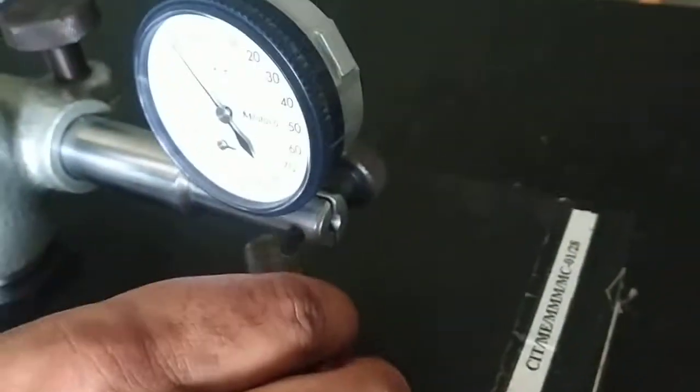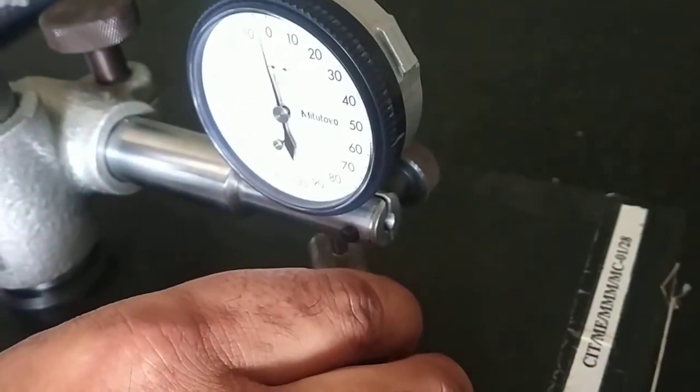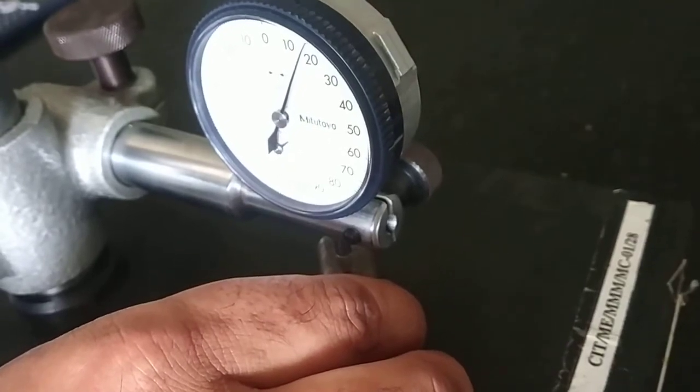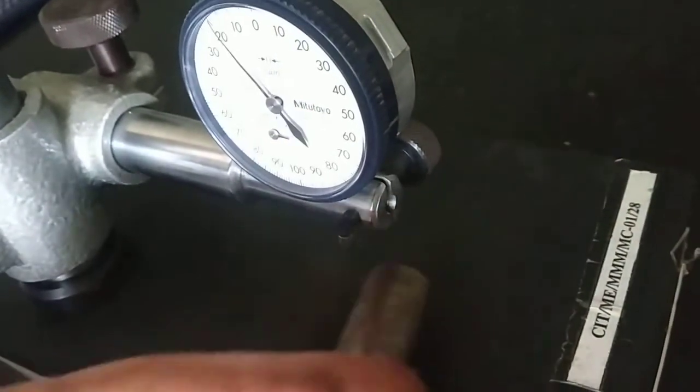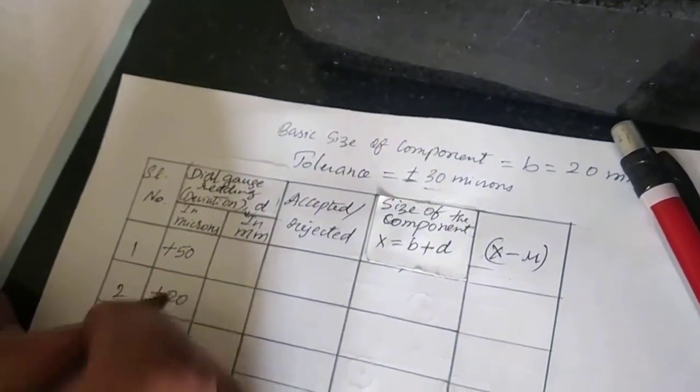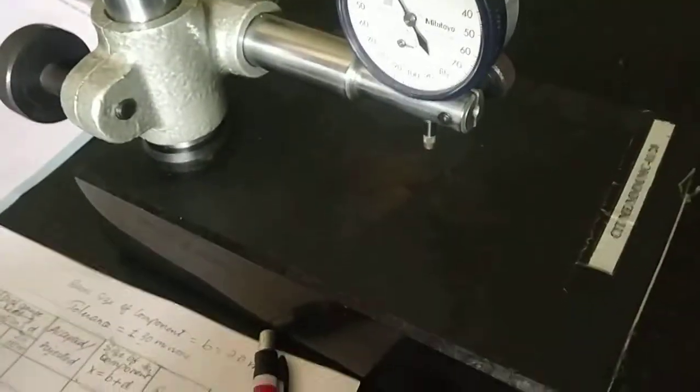Now I am going to remove it and pass one more. Just observe here. Now you see, that is around plus 20 microns. Next I will pass one more.